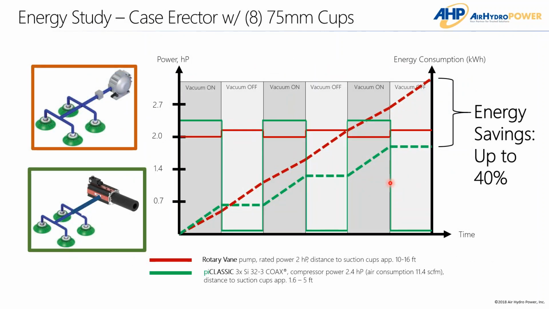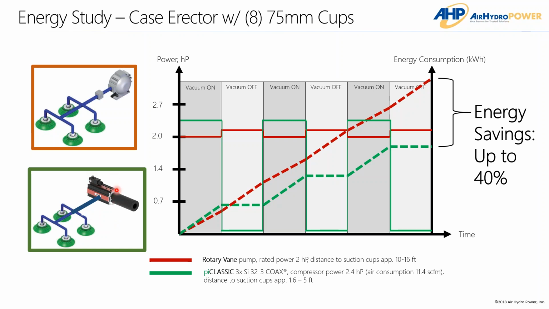So here's an energy case study. This is a case erector, and this is pinpointing the biggest energy savings between a typical rotary vane mechanical pump, or some people call them blowers, but mechanical pump, which is seen up here, and down here, we've got the Pi Classic from Piab, a compressed air-driven pump.